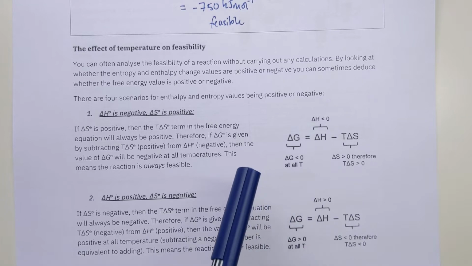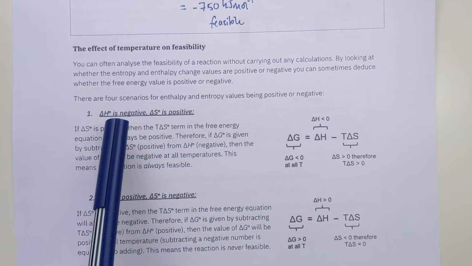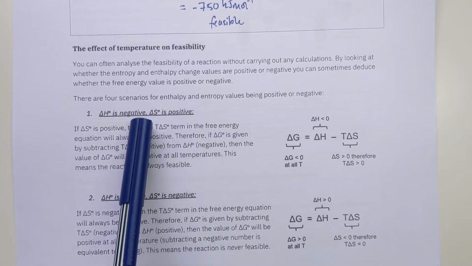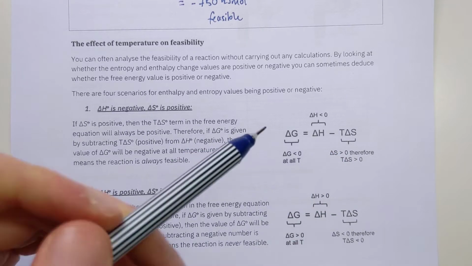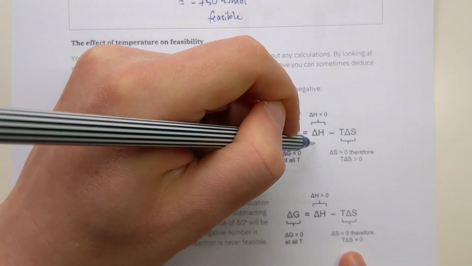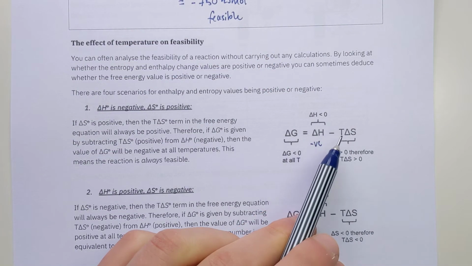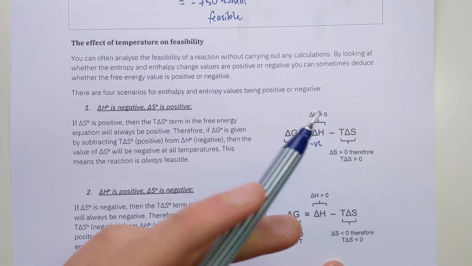So your first combination is this. Imagine for a reaction that delta H is negative, it's exothermic, and delta S is positive, so entropy increases. If you analyse what that does to our equation: delta H is negative, so we're starting with a negative value on the right hand side. Delta S is positive, and timesing delta S by T just gives a slightly bigger positive value.